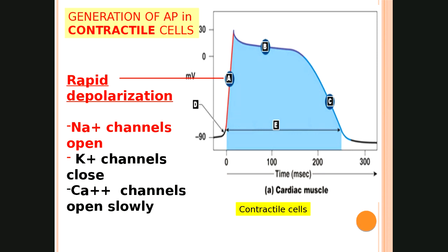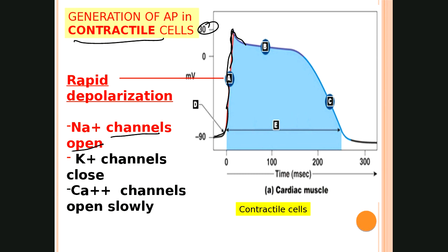Contrast this with the curve that we see in contractile heart cells. Here you have depolarization due to the opening of sodium channels. Nothing different here. Depolarization reaches the max of 30 millivolts, just like in skeletal muscle. From there, the cell begins to repolarize as the potassium channels begin to open and the sodium channels close.